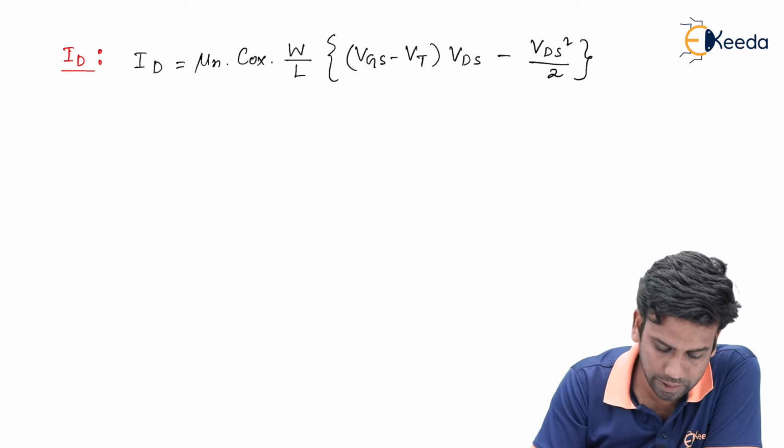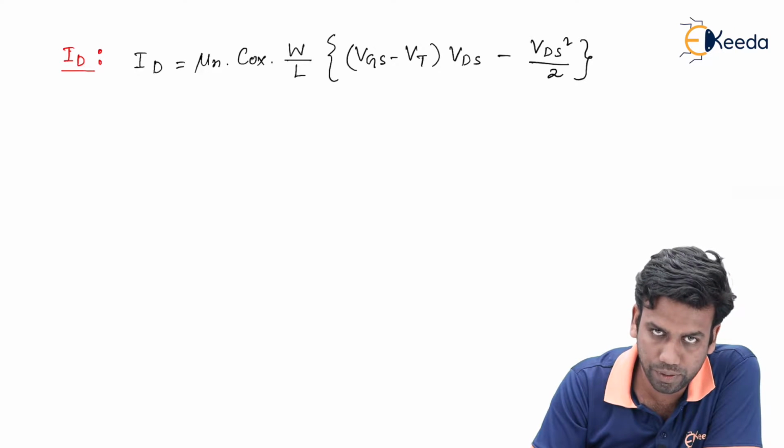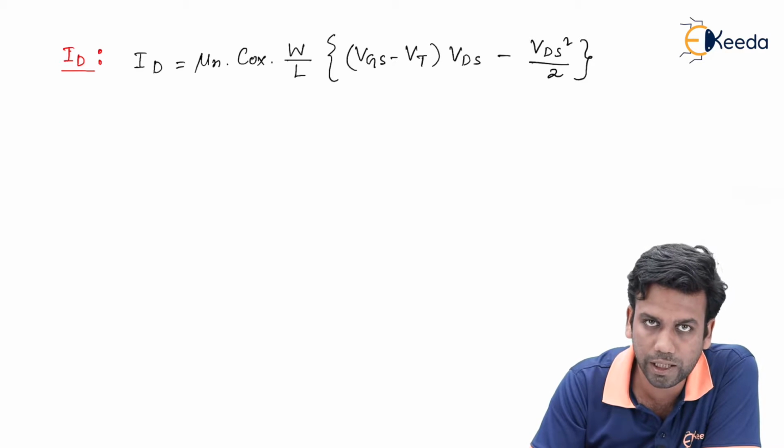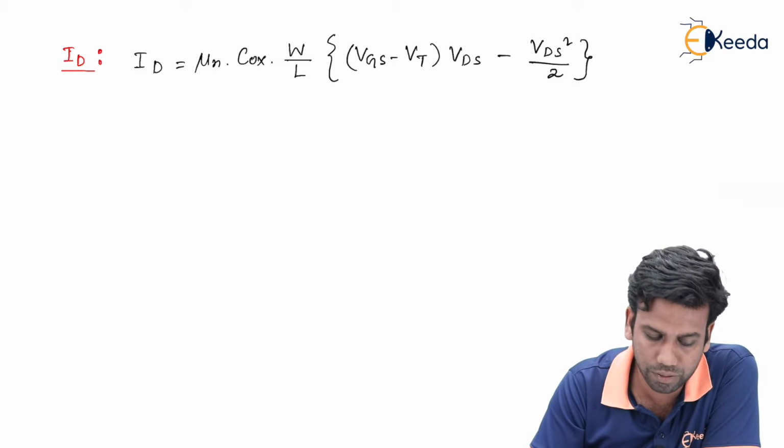This ID equation can be derived from the analysis of the NMOS in the triode region, but for the GATE syllabus and the GATE questions, the derivation is not required, only the conclusion is required, so I have taken the conclusion.